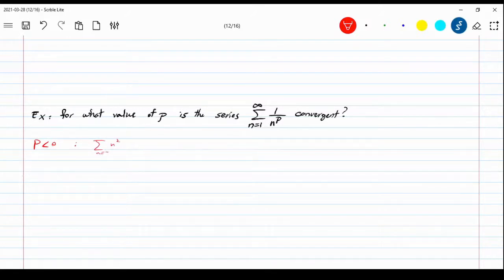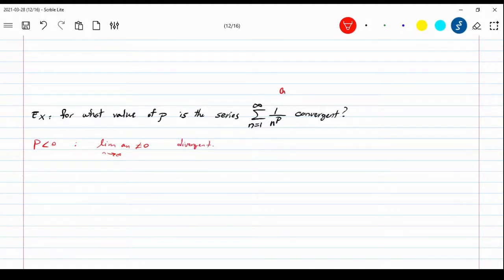And since that doesn't converge to 0, if you remember, the limit of an as n approaches infinity must always be 0, otherwise the series would not be convergent. So if p is negative, then the limit of an as n approaches infinity doesn't equal 0. So that means we're dealing with a divergent series.